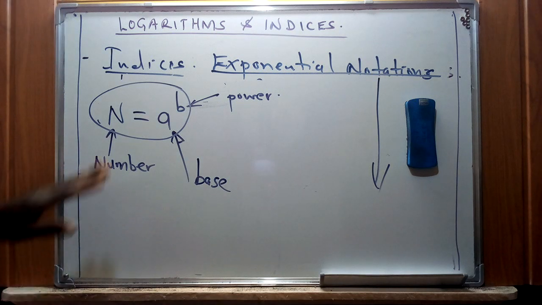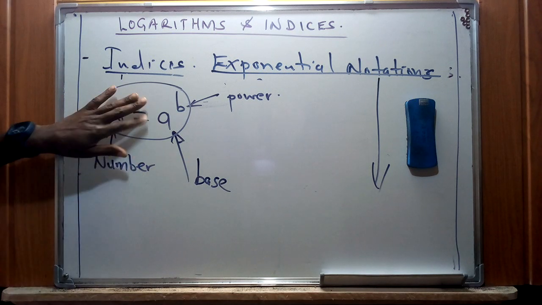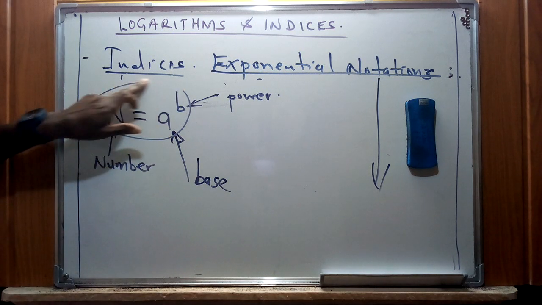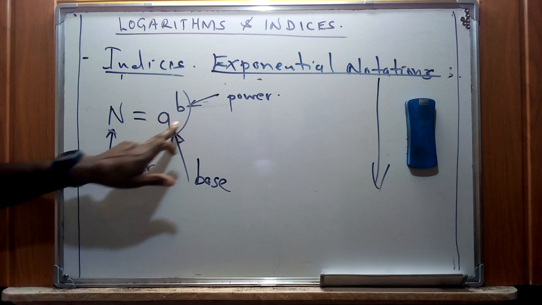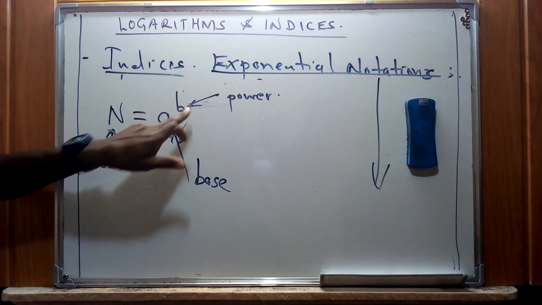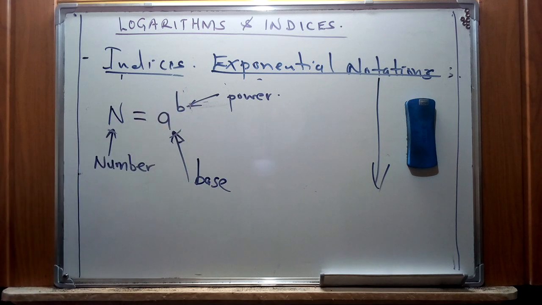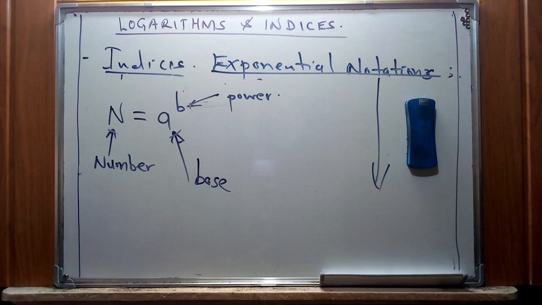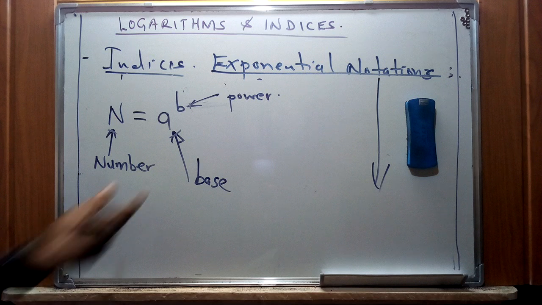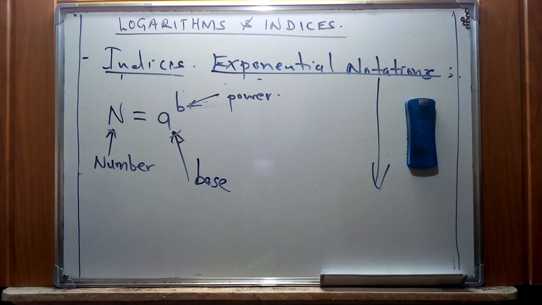For example, I can give a second part of this representation as an index, whereby we have a which has been raised to a number b, giving n. As I've said, this indicates a repeated multiplication, whose role is to represent large and small numbers, especially in calculations in mathematics and sciences.